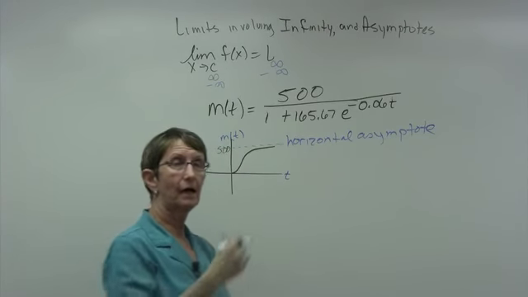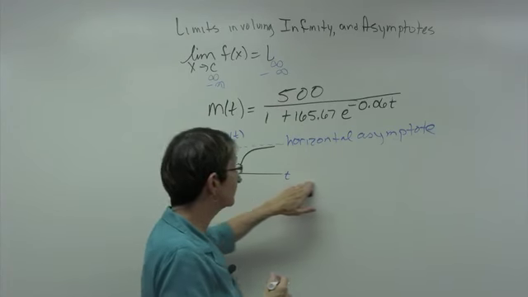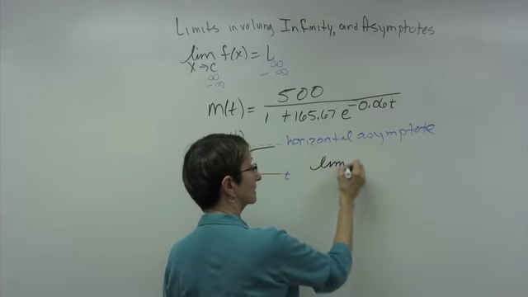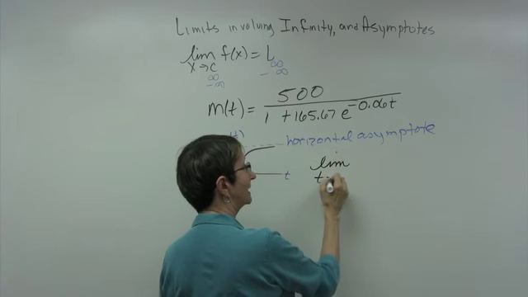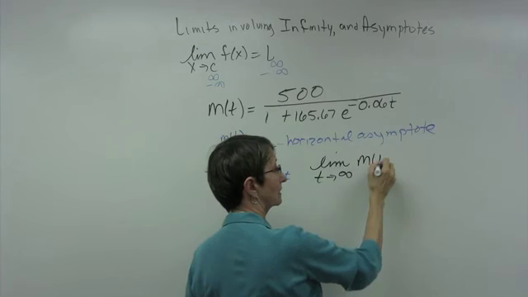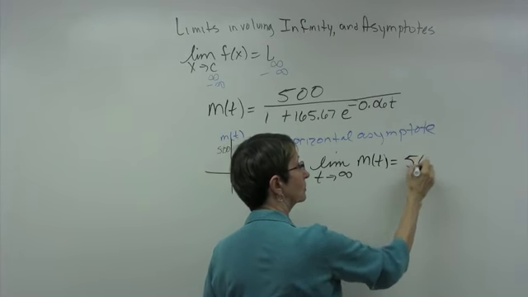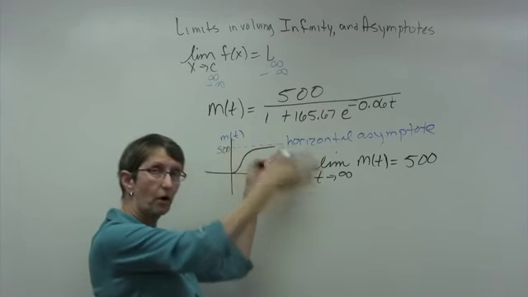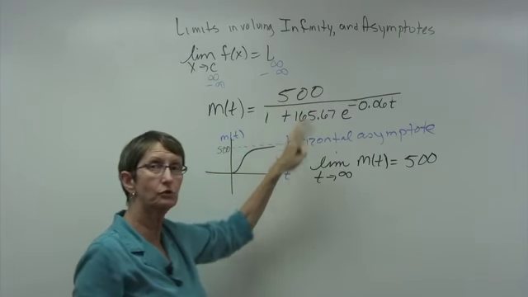So as the t values get very large, if I take the limit as t approaches positive infinity of my function m of t, I will get 500. This is previous knowledge. We've already looked at this and we know that this is true.